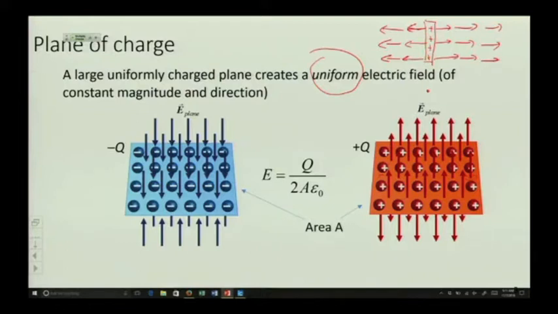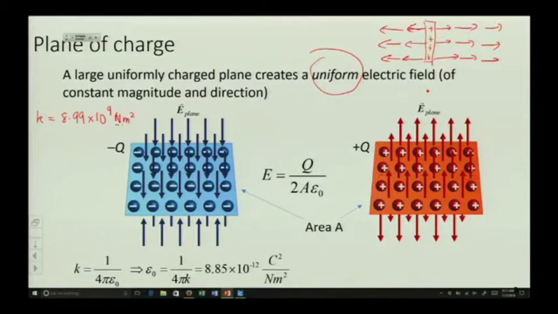Okay, what is this constant epsilon naught? So remember the constant k we had used? We had k is equal to 8.99 times 10 to the 9 Newton meter squared per Coulomb squared in Coulomb's law. So this new constant is related to that.